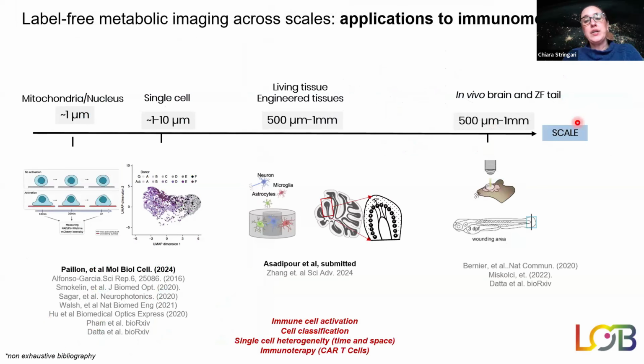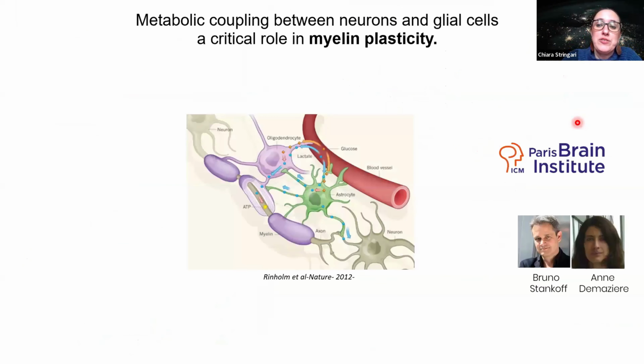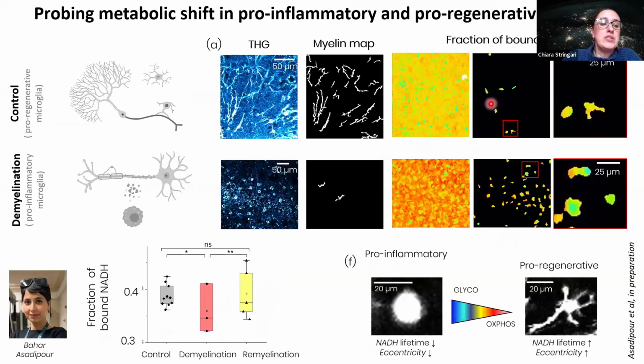We are also imaging metabolic shift in tissues, and this is work in collaboration with the Paris Brain Institute and Bruno Stankov's team. This work was done by Bahar Asadipur, who measured a metabolic shift in microglia. When we have pro-inflammatory microglia in a demyelination context, we see a metabolic shift toward a glycolytic phenotype, so shorter NADH lifetime and a rounder shape.